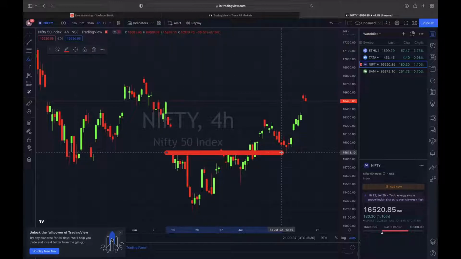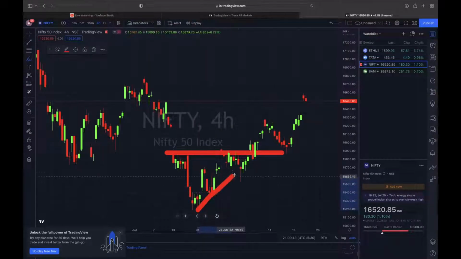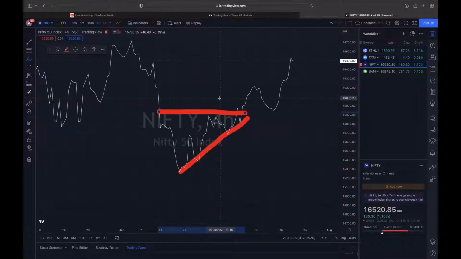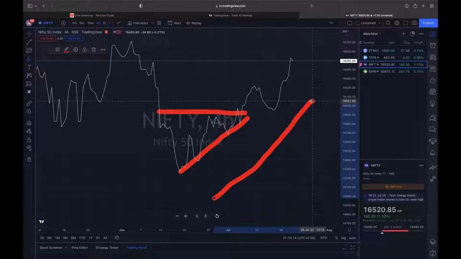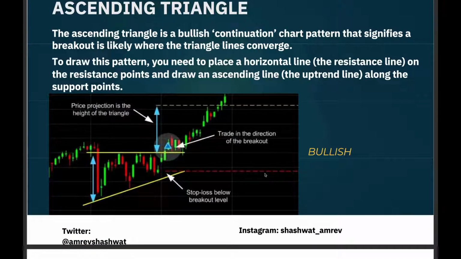Let's see. I told you the top is always common in ascending and the base will go up and up and up. Spot this, everyone, and the base will have an upside trend. Whenever this is formed, where does the market go? Up.